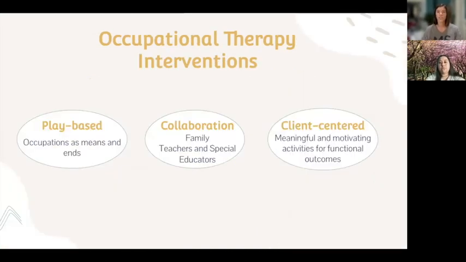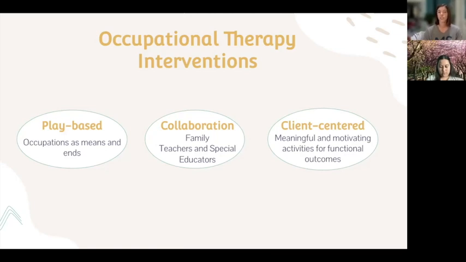Occupational therapy interventions, something important to keep in mind because we are working with pediatrics, should be play-based. That means you can use occupations as the way to develop underlying skills, or you can use it as the end goal of them engaging in age-appropriate play. Collaboration is super important. Family centeredness is so important, especially in early intervention.